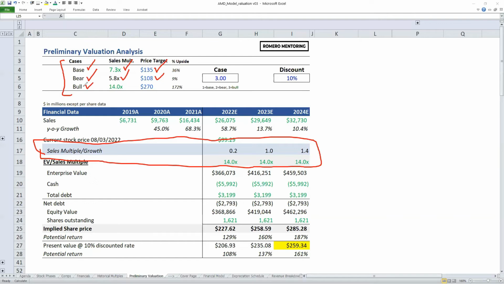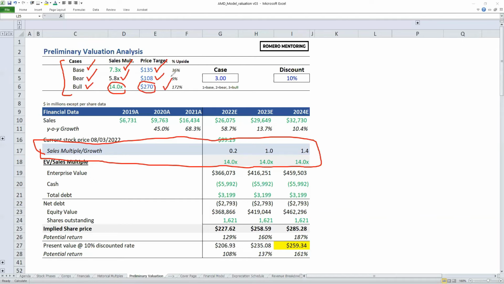In addition, inflation is no longer 8 or 9%. Inflation comes back down to 2 or 3%, which is normally the normal course that the Fed wants to achieve. In that environment, I think AMD can potentially come back up to 14 times sales multiple. Then what will be the share price then? $270. That's 172% upside, okay?